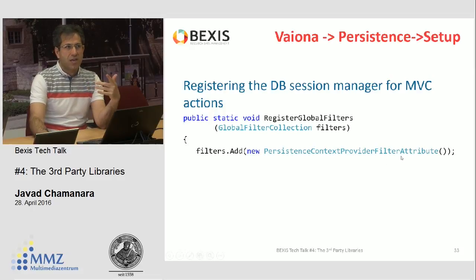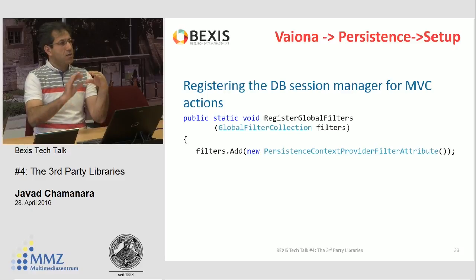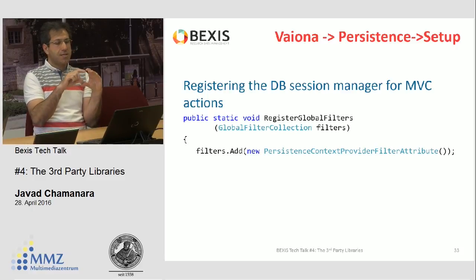And then with this notification, we can ask the Vaiona persistence to create an NHibernate session only for that request. So that inside the request, you have a session that you can work on, and then you don't need to create multiple sessions.